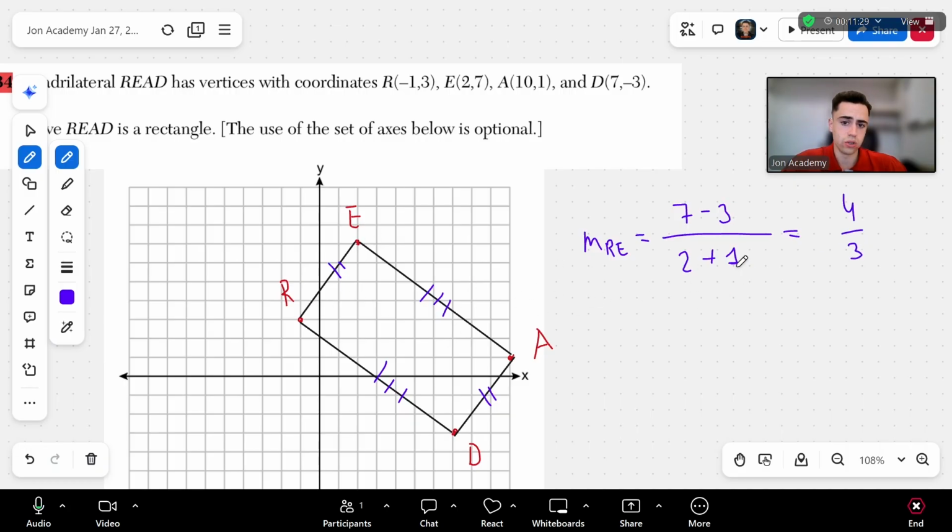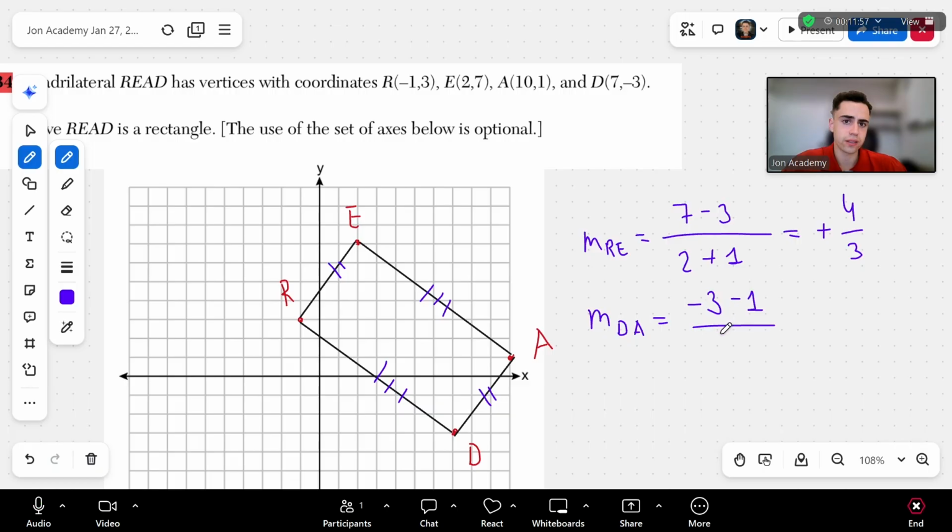Which looks positive, no? In the drawing it looks good. And then this one has to be the same as AD, no? Or DA, we can call it as you want, actually. DA, AD doesn't matter much. And for this one, let's do the same thing. So first with the y's, minus 3 minus 1, no?